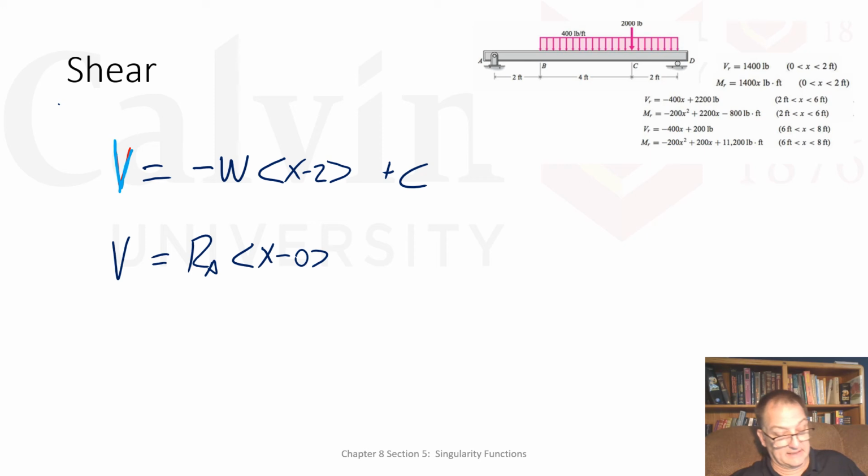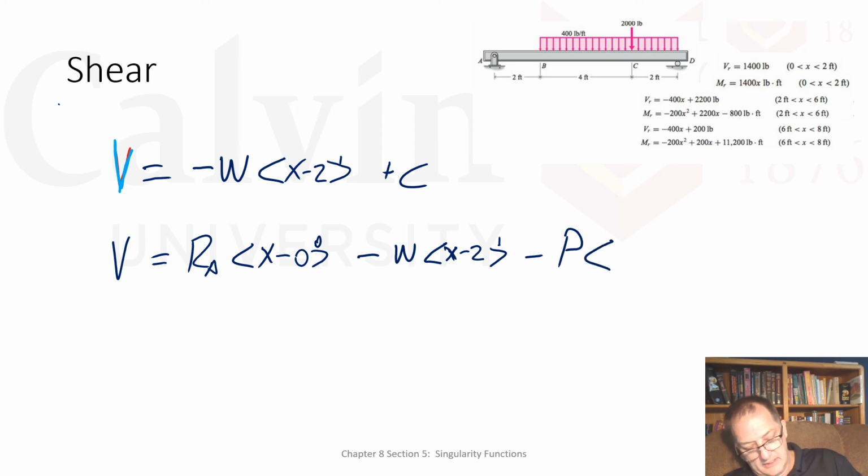But it's a constant because that's to the 0th power. This now is to the 1st power, right? I integrated that. And then I've got my next term, which I'm going to put in as the minus W x minus 2. And I'm going to put specifically that it's to the 1st power so that we recognize that. And then I've got minus P times x minus 6 raised to the 0th power.